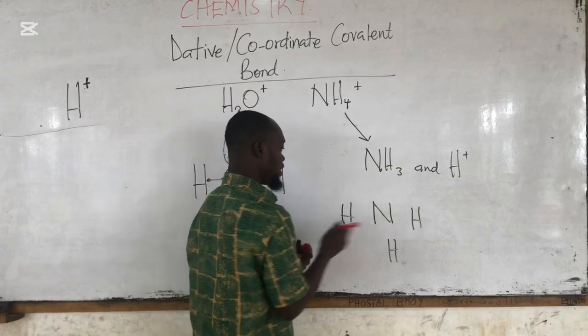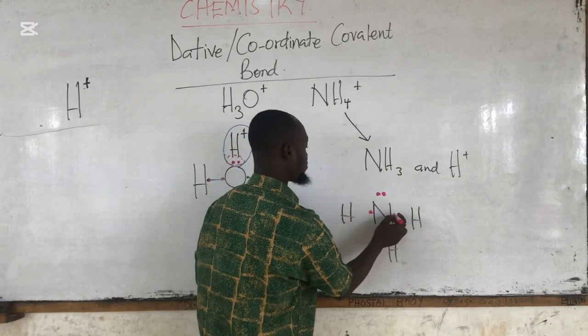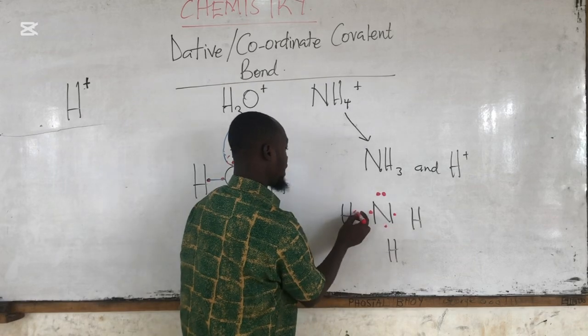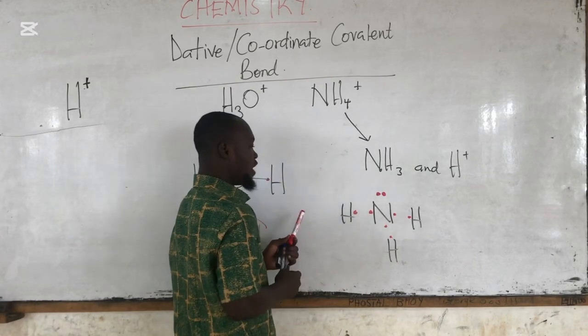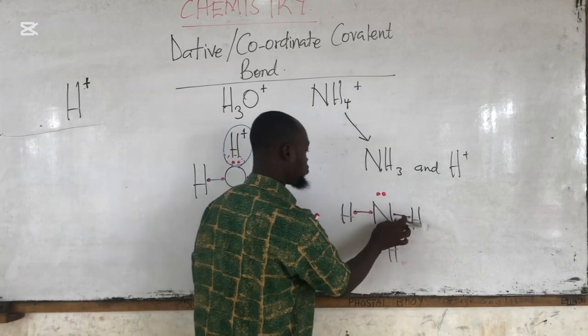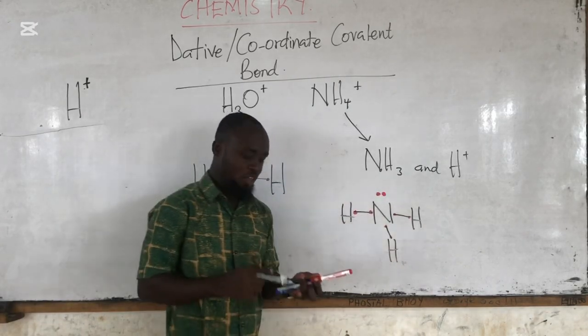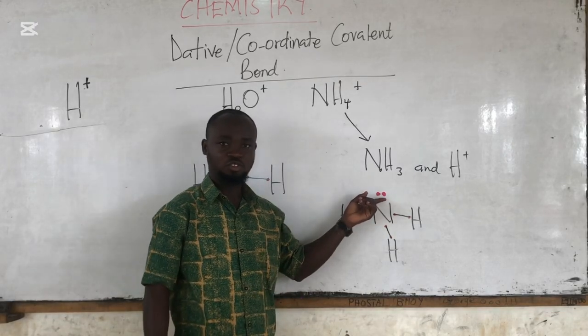Nitrogen has 5 valence electrons and hydrogen 1 each. So the covalent bonding we indicated here, electron pairs shared, so 2, 4, 6, and then 8. So in nitrogen, there's 1 lone pair of electrons.